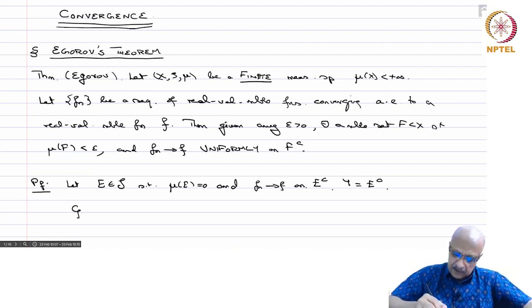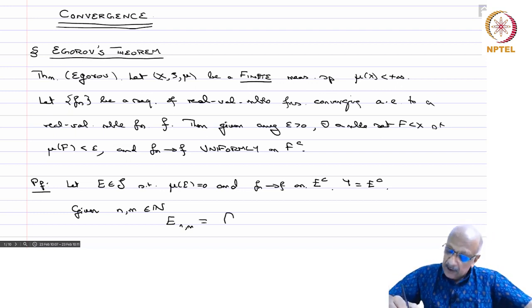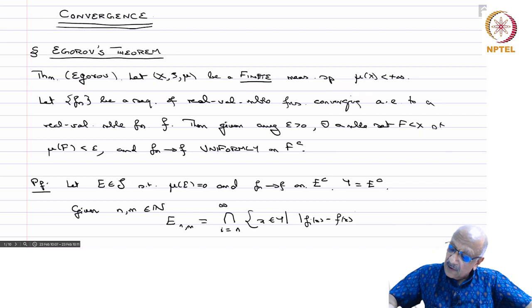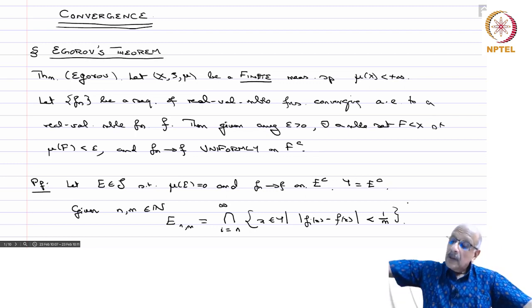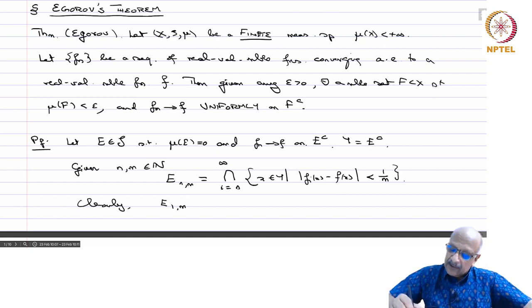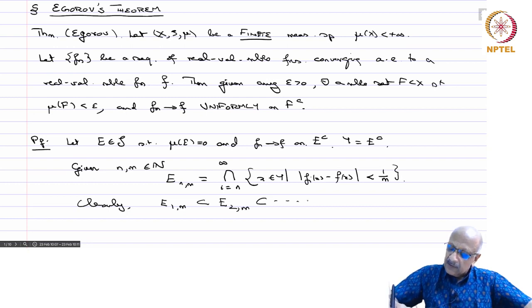Then given n, m positive integers, you define E_{n,m} equals the intersection over i equals n to infinity of the set of x in Y such that |f_i(x) minus f(x)| is less than 1 by m. Clearly, if m is fixed and you are taking the intersection from n to infinity, then as n increases you have an increasing sequence.